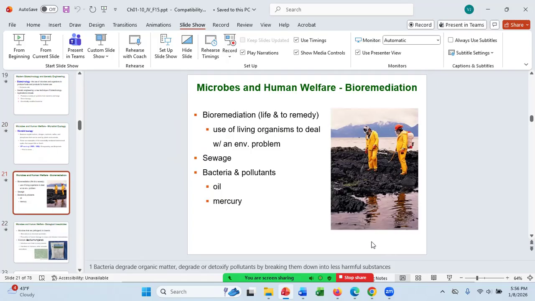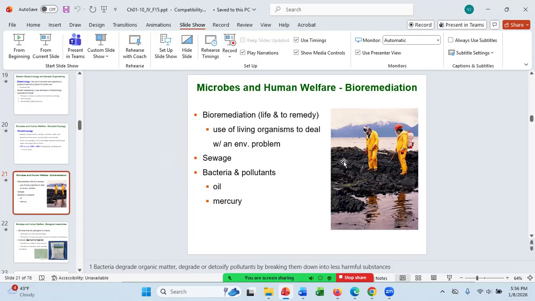All right, microbes are important to human welfare, and that is microbes can be used in bioremediation. Bioremediation means life, and to remedy, where we use living organisms to deal with an environmental problem.